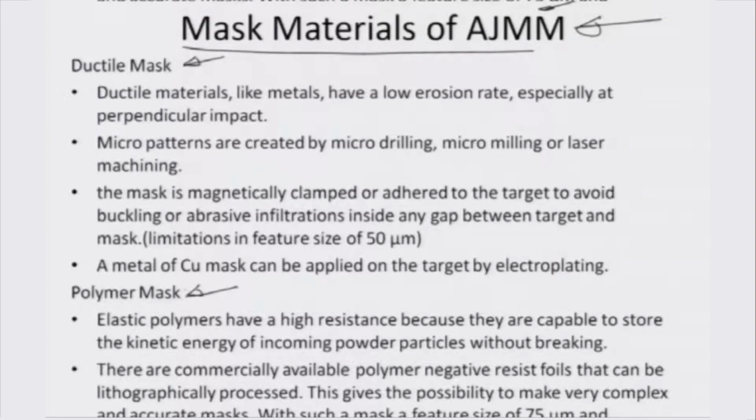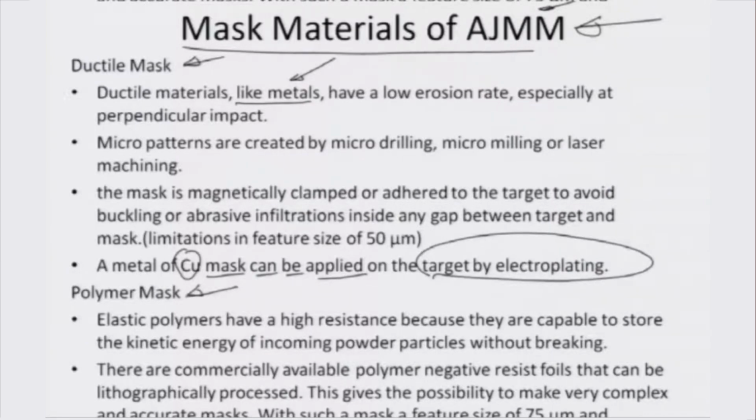In case of ductile materials, let us say metals, very often copper is used as a suitable mask material, and you can actually take an otherwise photo patterned substrate and use that as a target mask by electroplating the copper on top of that surface.